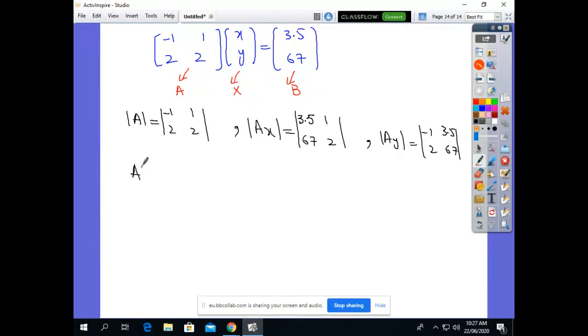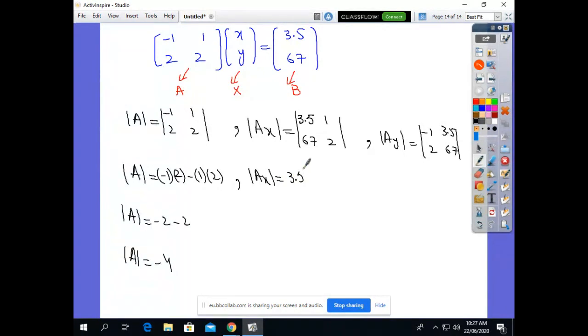Now find the determinant of A. What is the determinant of A? -1 into 2 becomes -2, minus 2, that is -4. Similarly, we find the determinant of AX, which is 3.5 into 2, minus 1 into 67. It becomes 7 minus 67, that is -60.